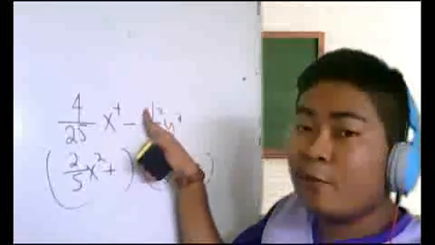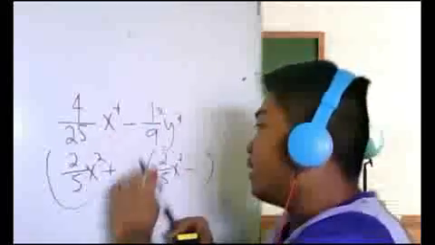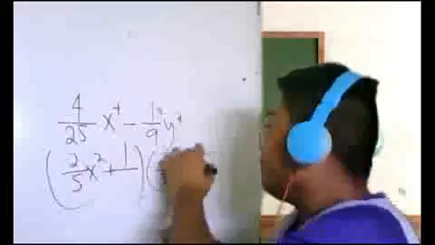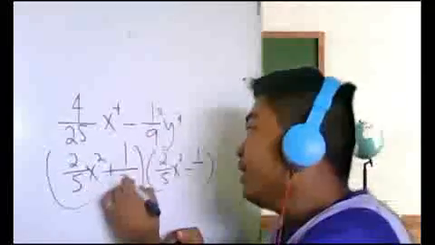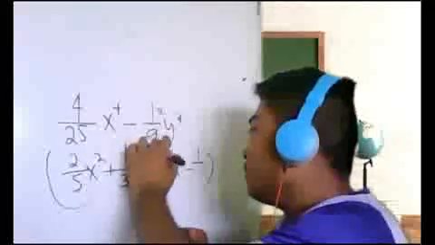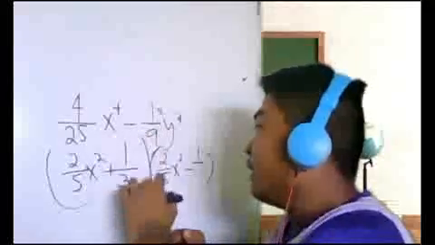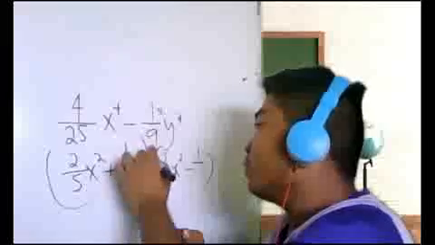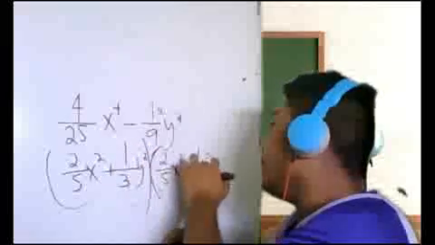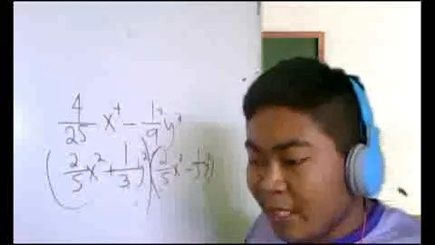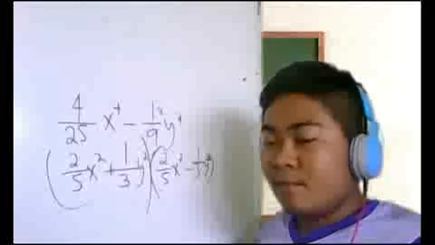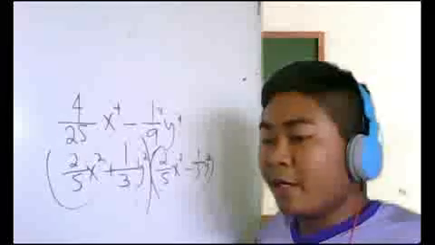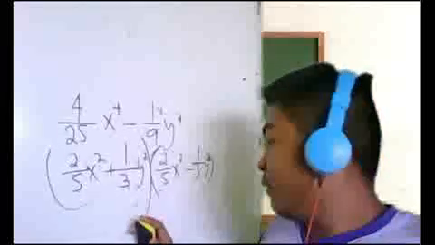Square root of 1 is 1, over the square root of 9, which is 3, and y raised to 2. So, 1/3 y squared. Pareho lang sila ng process. So, that would be our factoring the difference of two squares.